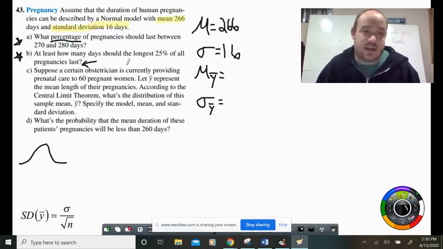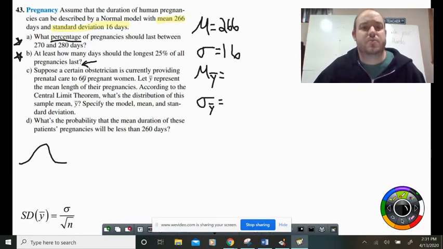277 days. All right. C, suppose a certain person is currently providing prenatal care to 60 pregnant women. Let Y bar represent the mean length of their pregnancy. According to the central limit theorem, what's the distribution of this sample mean Y bar? Specify the model mean and standard deviation.